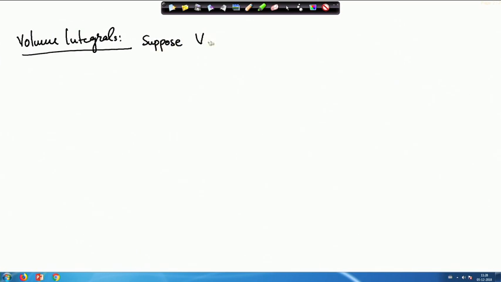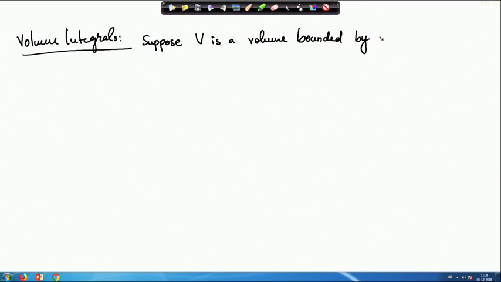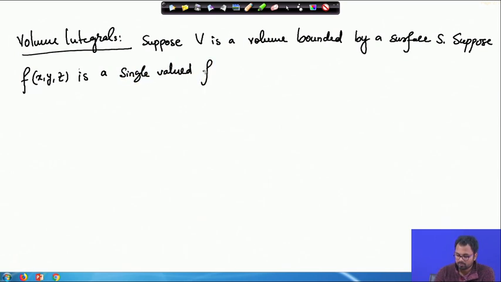Suppose V is a volume bounded by a surface S. Suppose f(x, y, z) is a single valued function defined on V. That means f(x, y, z) is defined on capital V. So, it maps from V to the set of all real numbers, and then we have the volume integral.